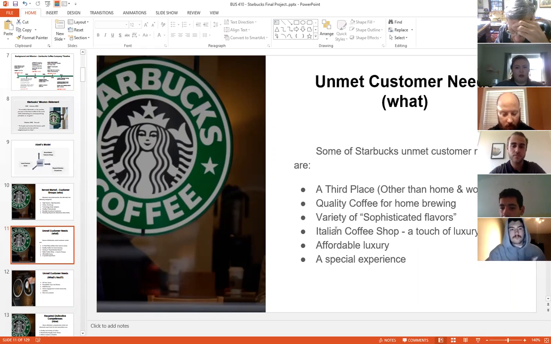Quality coffee for home brewing, which was introduced a couple of years ago. The variety of sophisticated flavors: if you go to the Starbucks menu, you'll see all these sophisticated flavors that maybe other companies like McDonald's don't offer.